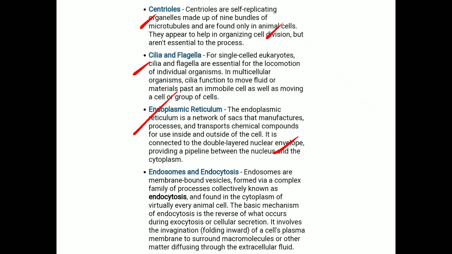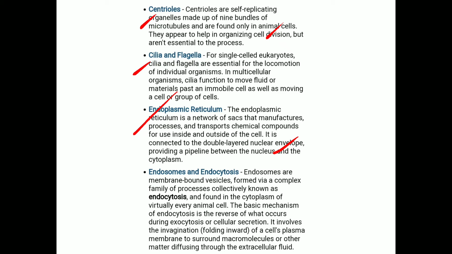Then endosomes and endocytosis. Endosomes are membrane-bound vesicles formed via a complex family of processes collectively known as endocytosis, and found in the cytoplasm of virtually every animal cell.